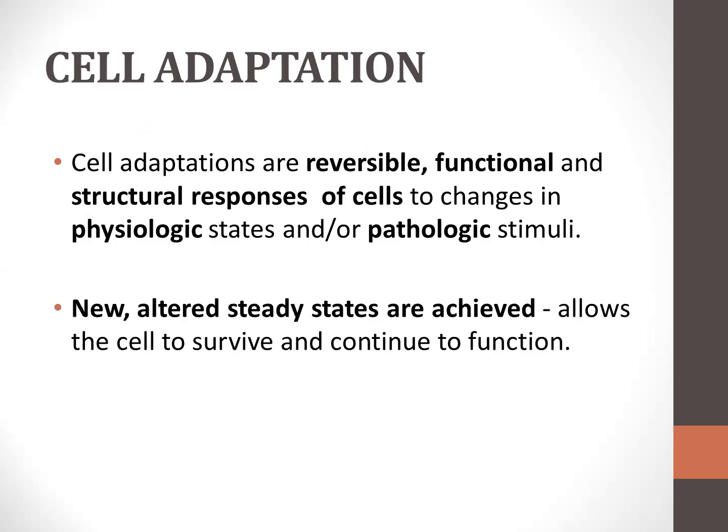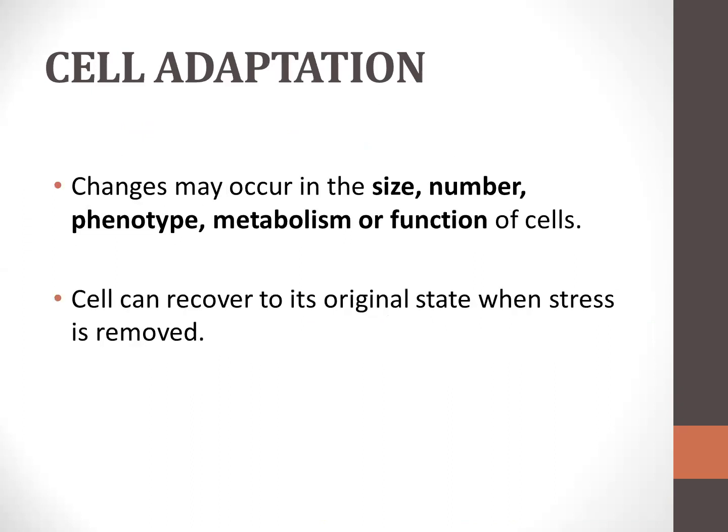And by adaptation, the cells achieve new steady states. Now, cell adaptations may occur in the size, in the number, in the phenotype, which is the physical appearance, or the metabolism or function of cells. When a cell adapts, it can recover to its original state if the stressful situation is removed.